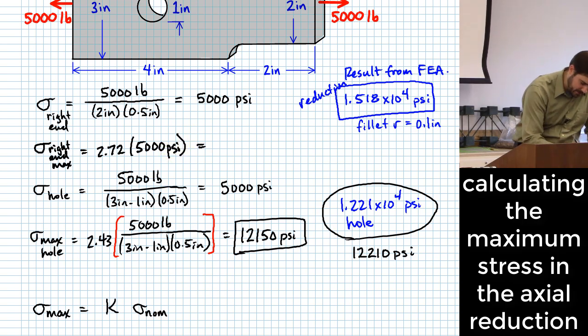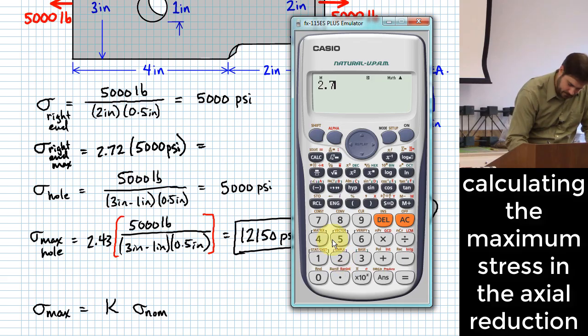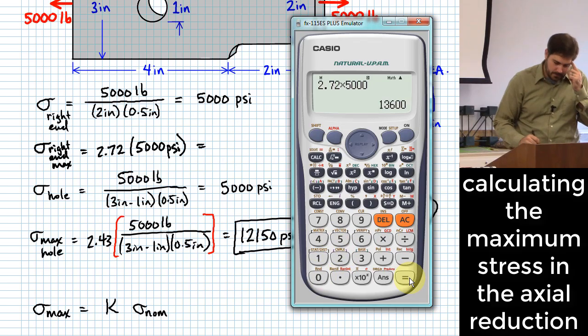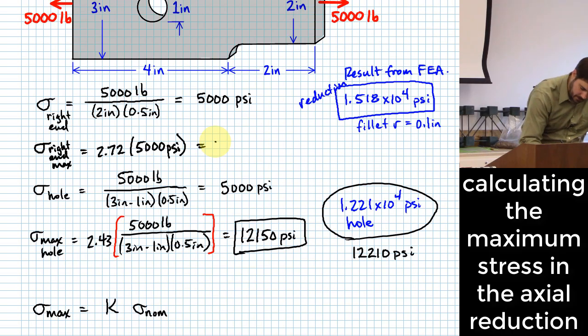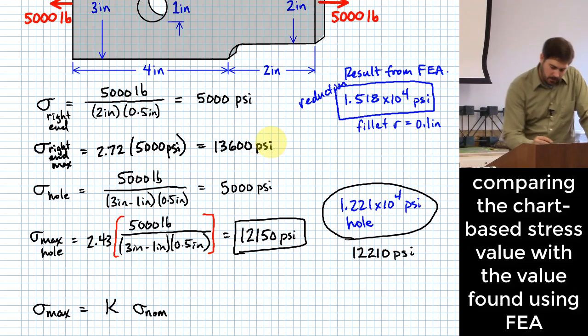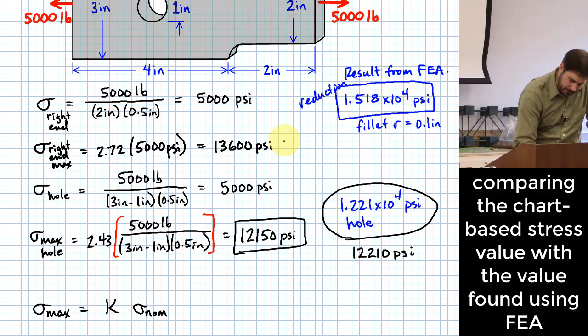So what does that give us? 13,600. Okay, we wound up a little bit further off on that one, right?